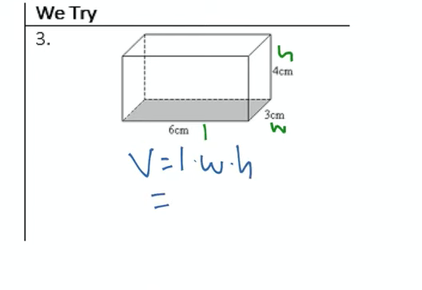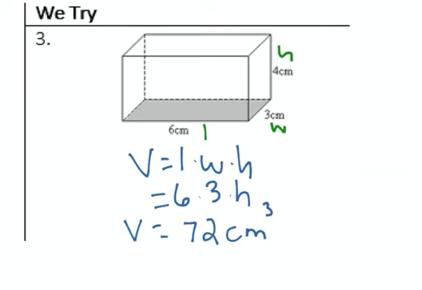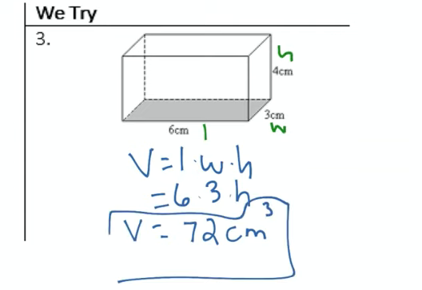So I'm just going to take those three numbers and multiply them. So 6 times 3 times 4. If I multiply them all, I should get 72 centimeters cubed. So that's my volume of this rectangular prism. And again, make sure, very important, that you have centimeters cubed, not just centimeters, because we're talking about volume. It's a 3D object.